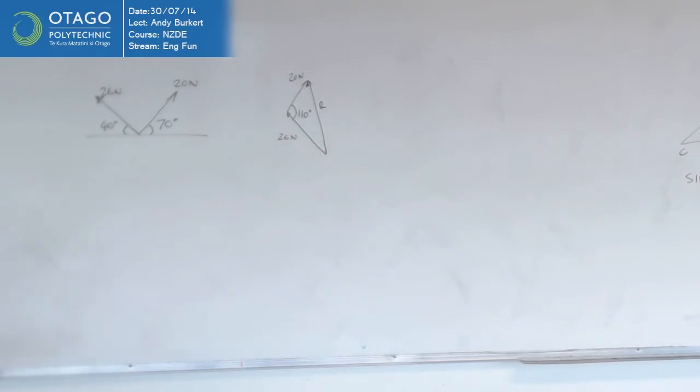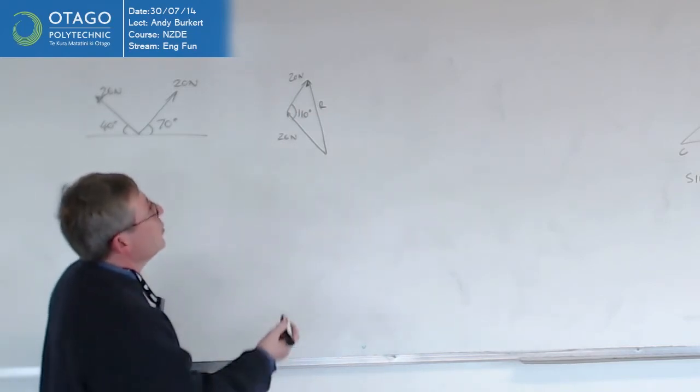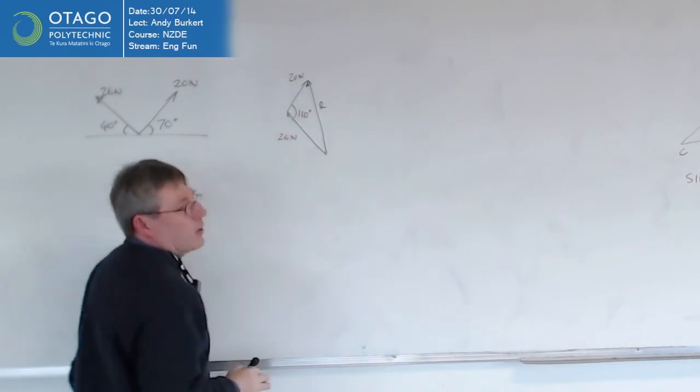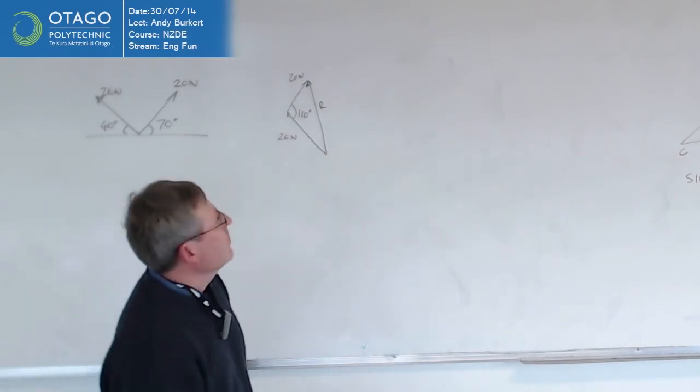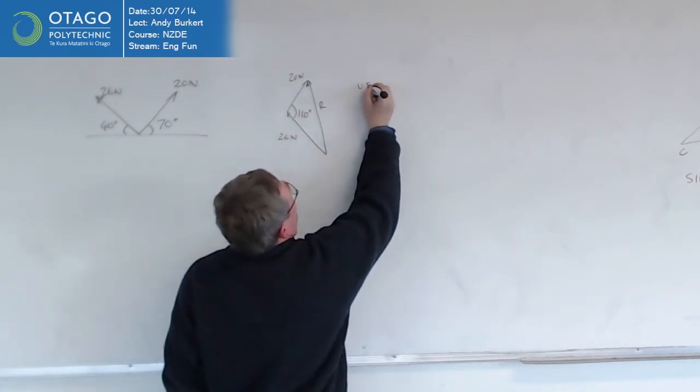Okay, so what are we going to do to work out the resultant? Sine rule or cosine rule? Cosine rule, great. Yep. So, of course, we do know two sides and the angle between them. So we can use the cosine rule.